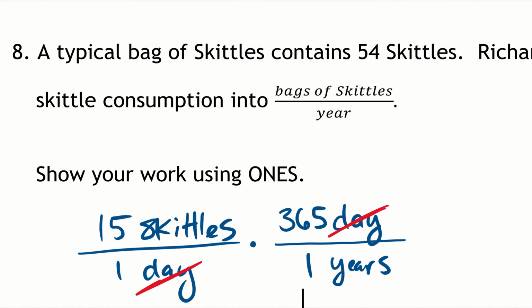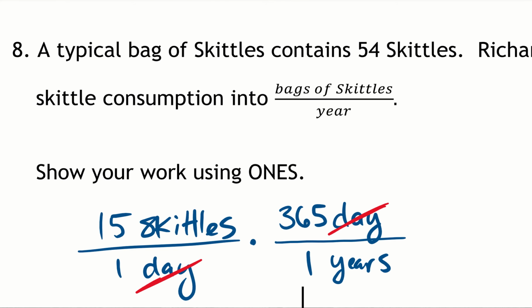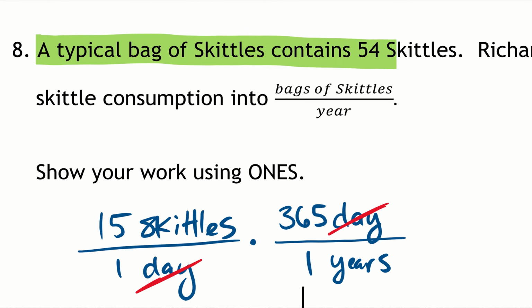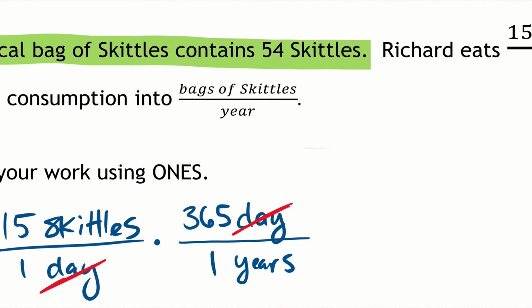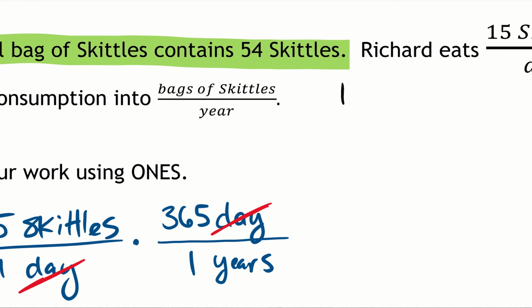So let's come back up to this fact. It says that a typical bag of Skittles contains 54 Skittles. So that sounds like a number 1 to me. And I can write it in any way that I want, right? I'm just going to write down that 1 bag of Skittles is the same thing as 54 individual little tiny Skittles.